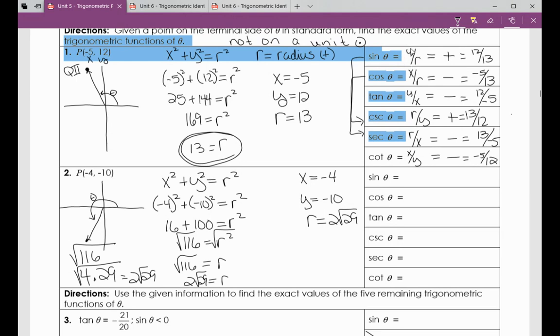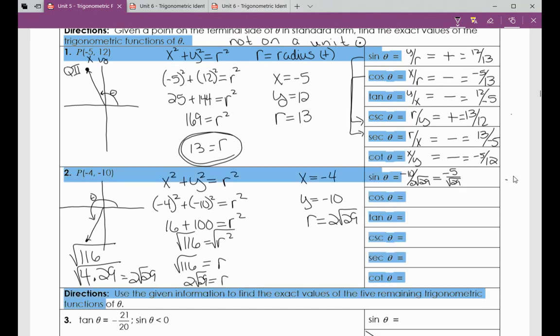Sine is always y over r. So I'm going to put -10 over 2 square roots of 29. The 10 and the 2 will reduce, so that's -5 over square root 29, which puts a radical in my denominator. Can't have that radical in my denominator.